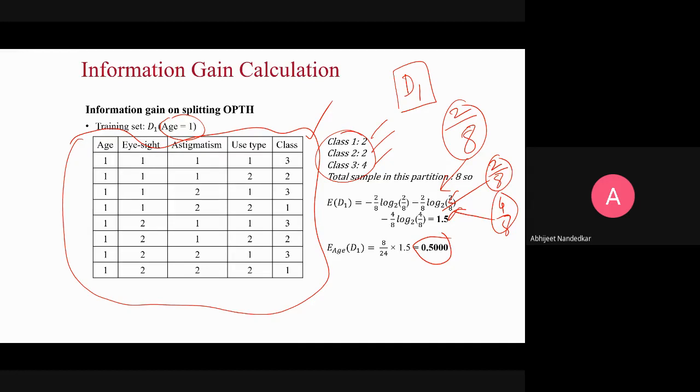Okay, entropy for this small table is, I think, 0.5. You verify these figures. Age with value 1.